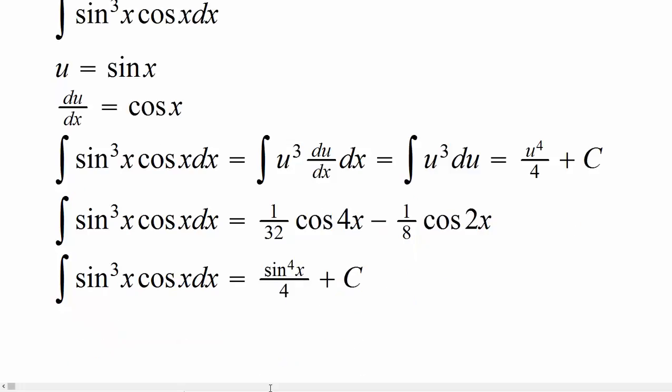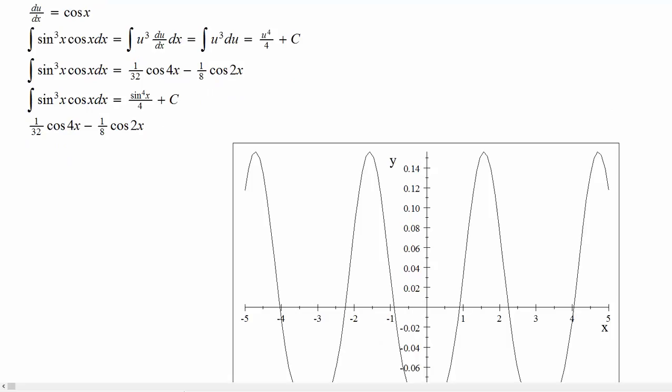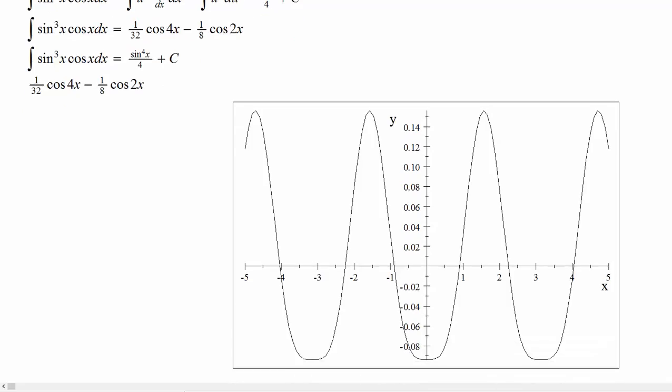Okay, so let's see how these two different answers behave. Say we have to check an identity. So here is a graph of this answer here.